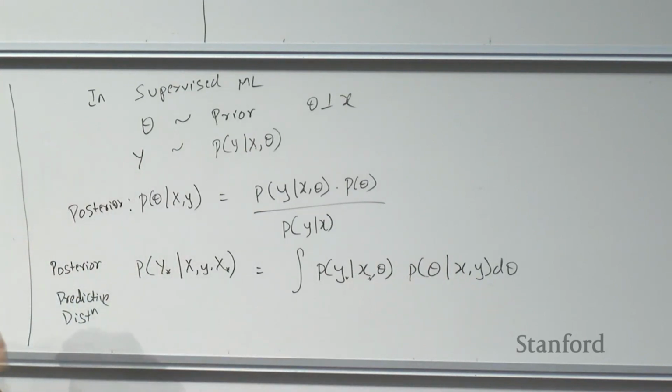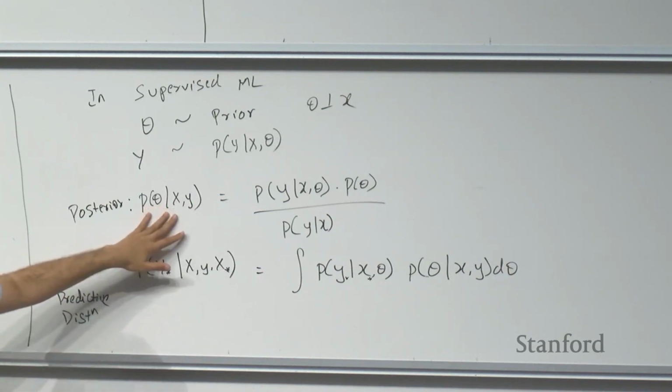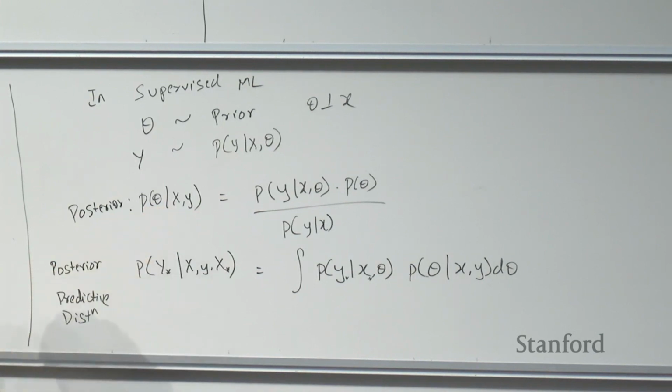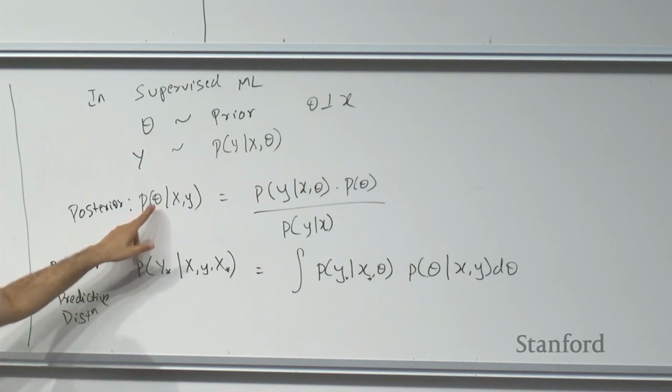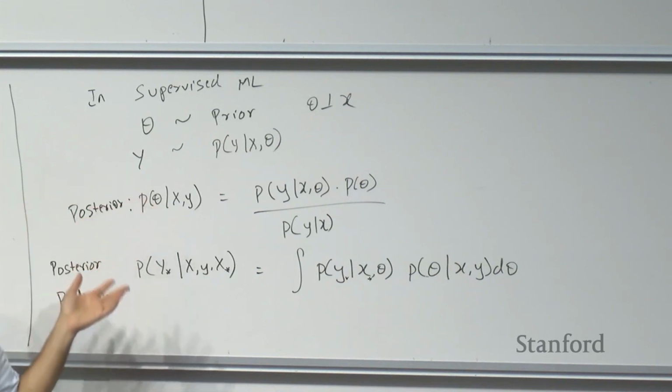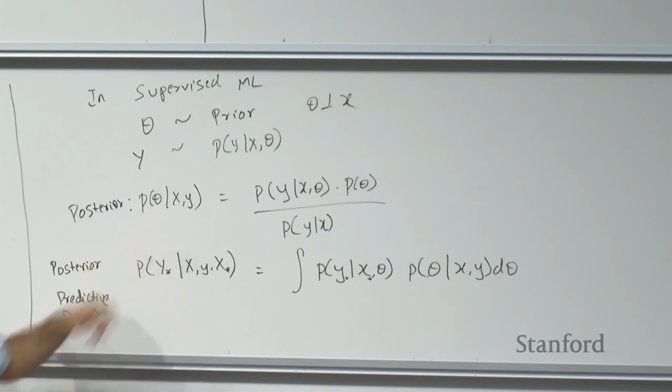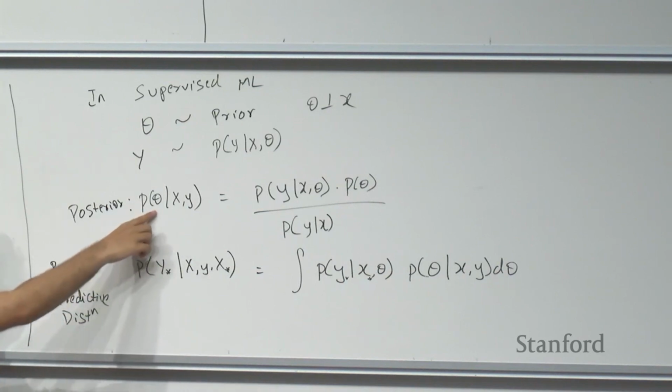So the interpretation is something like this. With the posterior distribution, we are coming up with a probability estimate of how likely a given theta is the correct theta. Right? So P of theta given x, y is a probability distribution over theta, and theta is essentially our model.